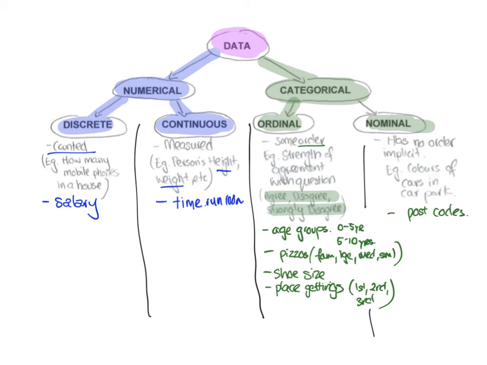Say out in Craigieburn they build a new estate, it gets the next number, and up near Geelong a new estate gets the next number. There's no order to it. The kids understood what nominal was, but unfortunately didn't know about postcodes, so you might not have either.